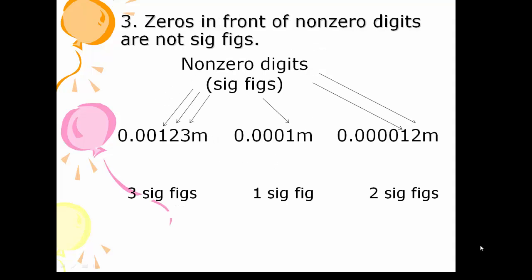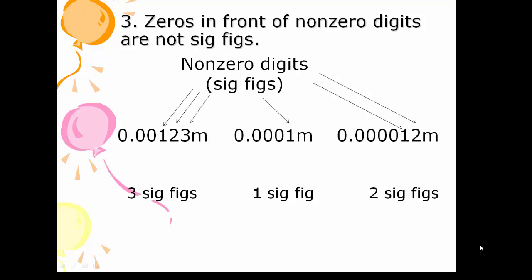Rule number 3 says that zeros in front of non-zero digits are not Sig Figs. You'll find out when we do scientific notation that we're going to drop those zeros to put the number into scientific notation. So if we can drop them, they obviously are not Sig Figs. We're just going to count the non-zero numbers and any zeros that are between those non-zero numbers.